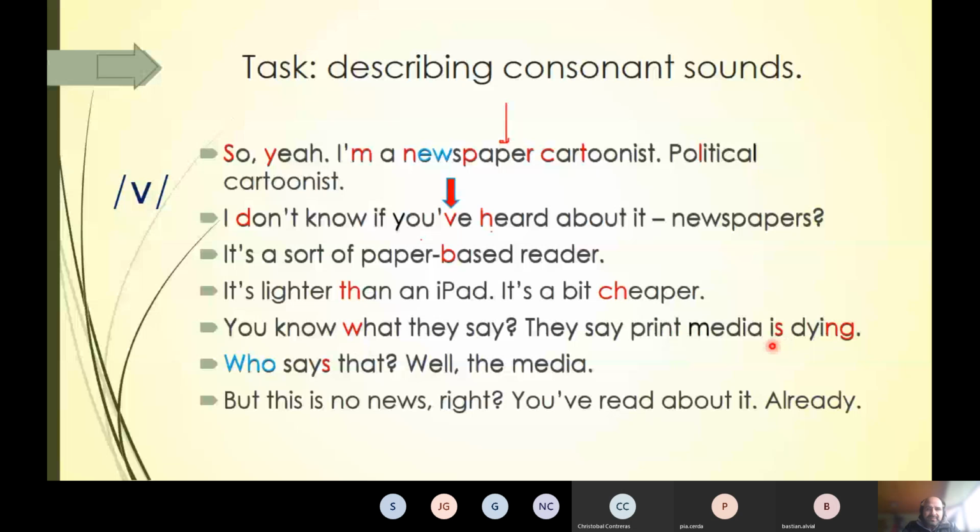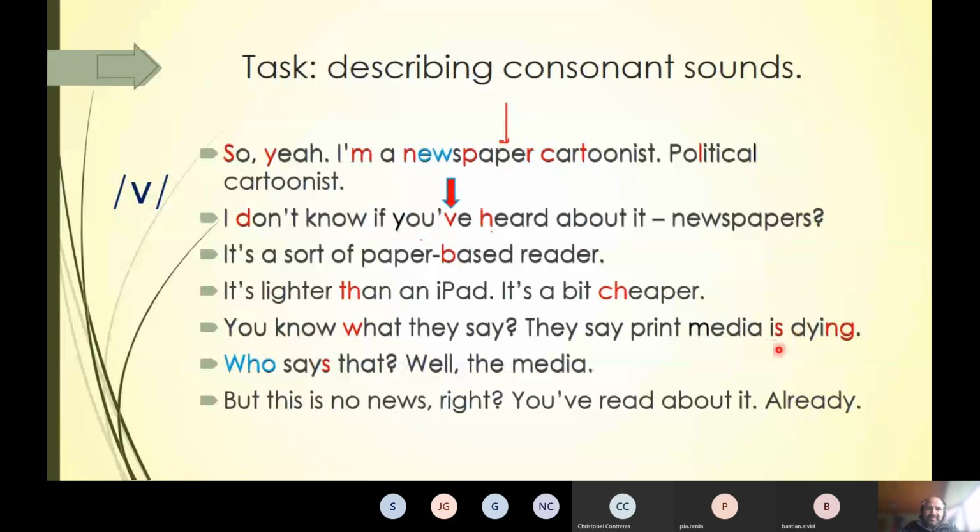What about this one? Do not get confused with the spelling, okay? Because the spelling is i-s, right? But the sounds, the phonemes, are different.